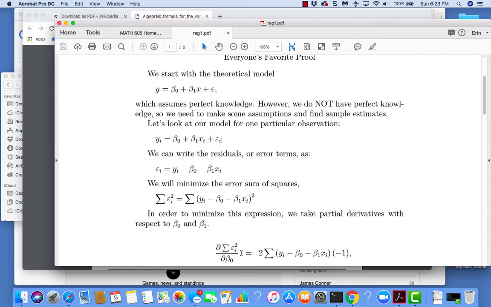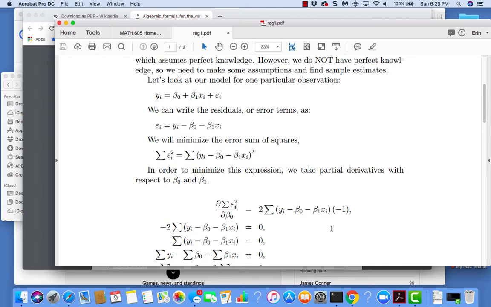So when I take my partial with respect to beta 0, I take 2 times, I bring the 2 down in front, and I have the summation of y i minus beta 0 minus beta 1 x i times, then you take the derivative of the inside with respect to beta 0, and that's going to be minus 1.